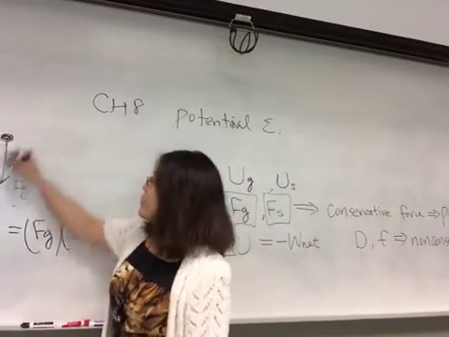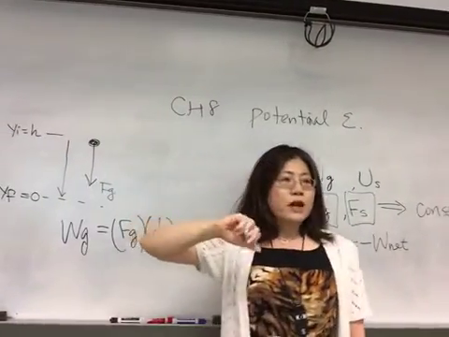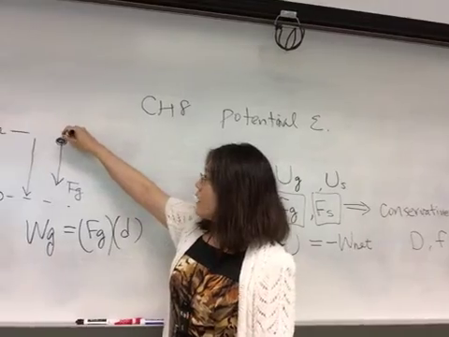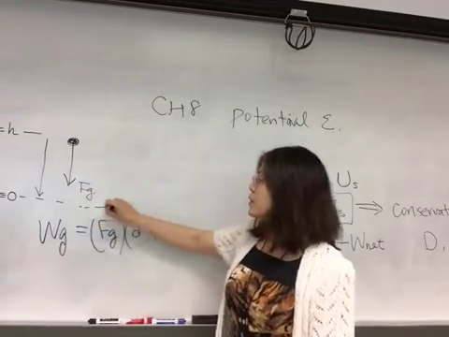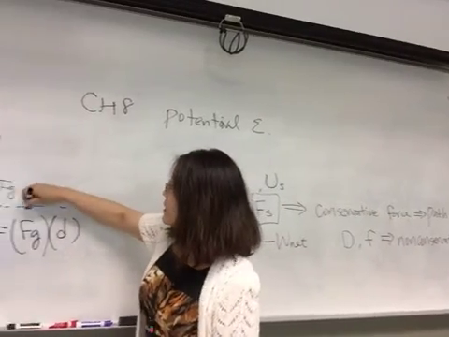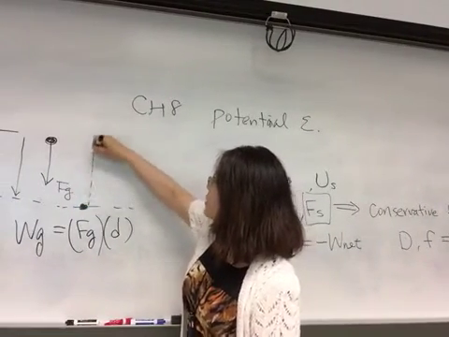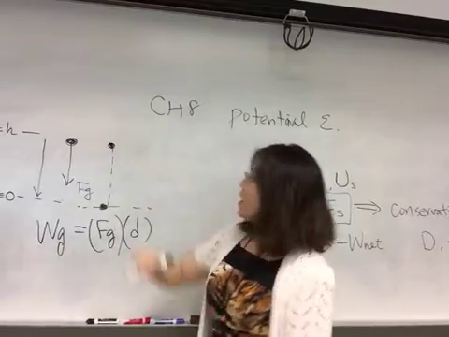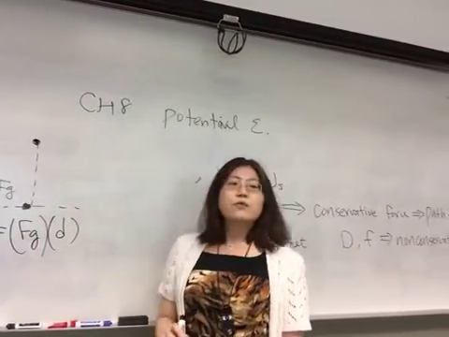So let's say you have this elastic object, and we let it drop to the floor, and it's going to come back up because it's elastic. When it touches the ground and then goes back up to the same height, what will be the work done by this force?